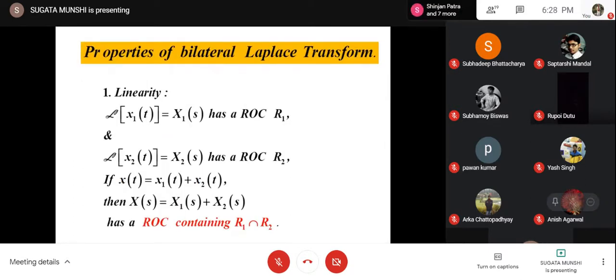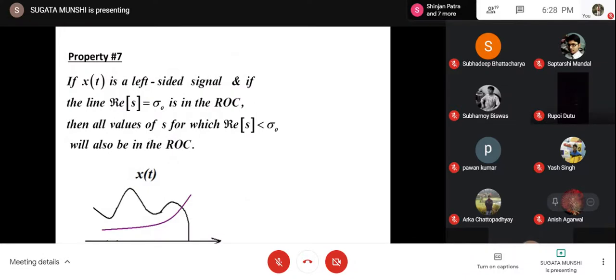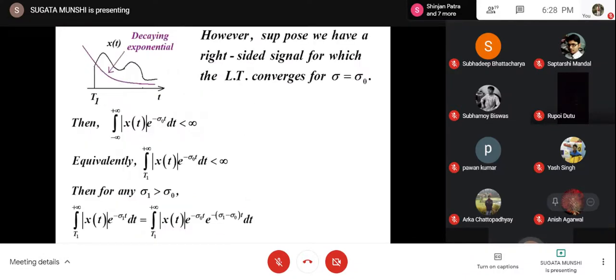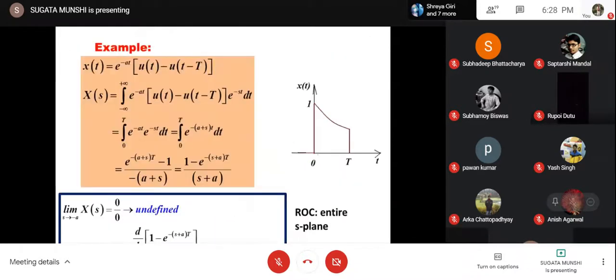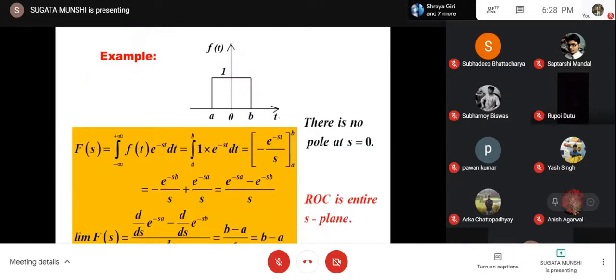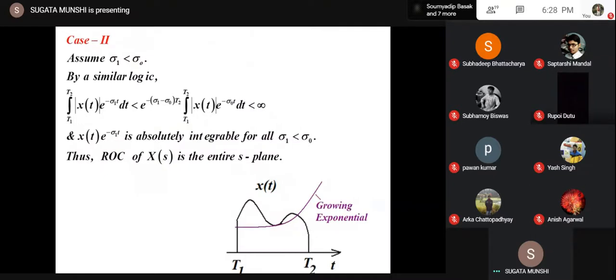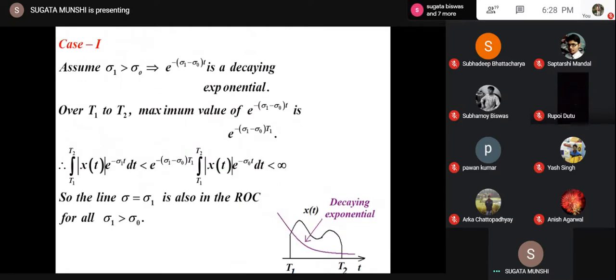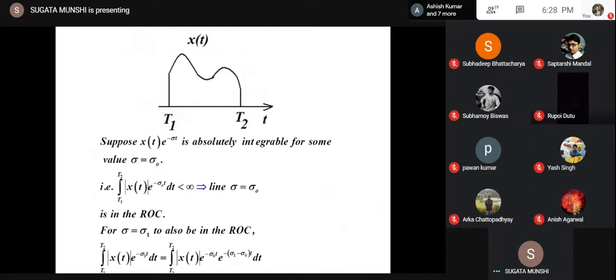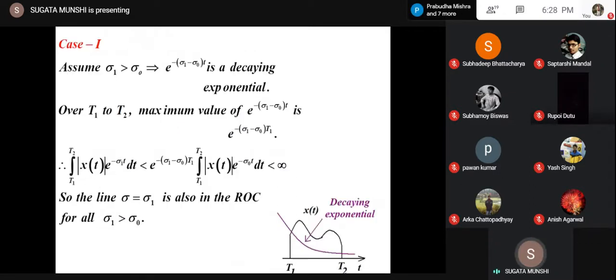Just make changes at one or two places. I'm trying to find out. Yes, here.